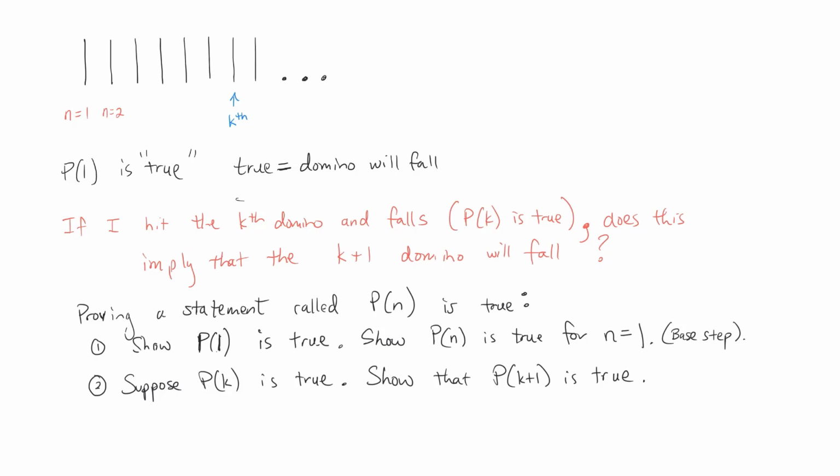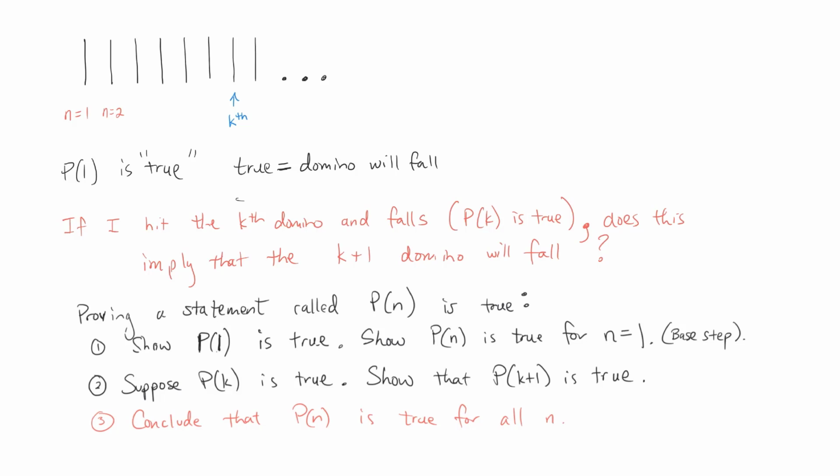I'm going to add a third step that most authors will not include, but the third step is conclude that P of n is true for all n. In many cases, n stands for the set of natural numbers, or for every object in the set of natural numbers.